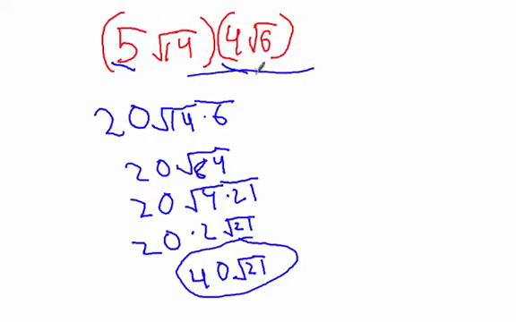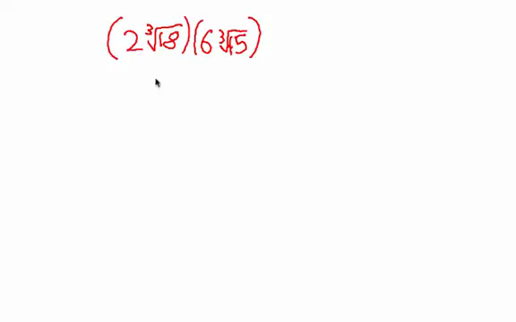All right? Now the same process works just as well for higher level roots as it works for square roots. So for example, here I have 2 times the cube root of 18 times 6 times the cube root of 15. We're going to do the exact same process. We're going to multiply 2 times 6, which gets us 12.